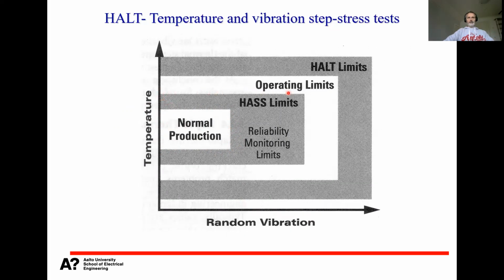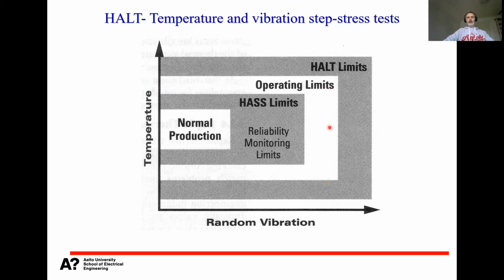Here again, we have the screening limits. You can forget this gray area here. Then we have the operational limits. So we have the minimum temperature where this product is operating, the maximum temperature where the product is operating, and the maximum vibration where the product is still operating. So we have these operating limits.